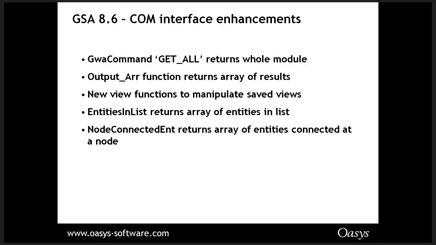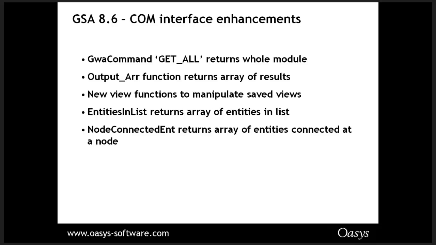Then there are new view functions to manipulate saved views, so you can create new saved views from existing views. You can delete them, edit the entities that they refer to, edit the cases, and so on. You can explode a list given its description.